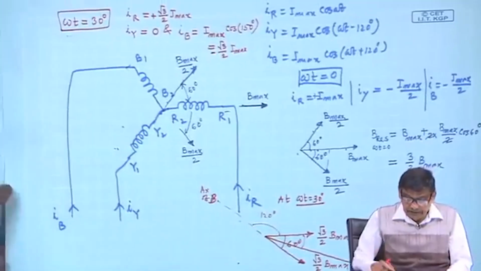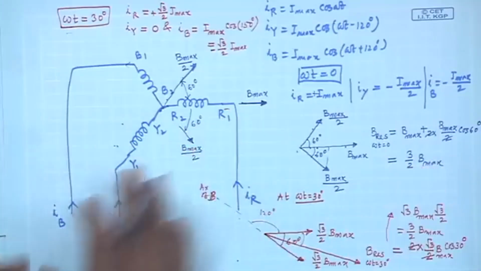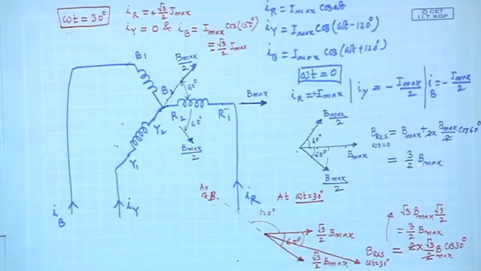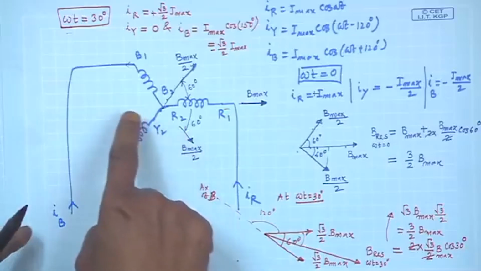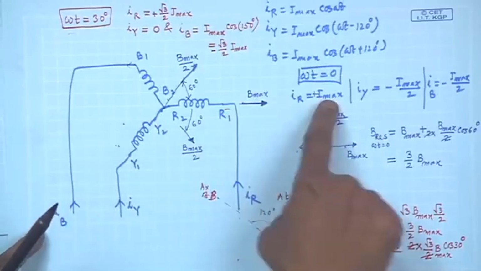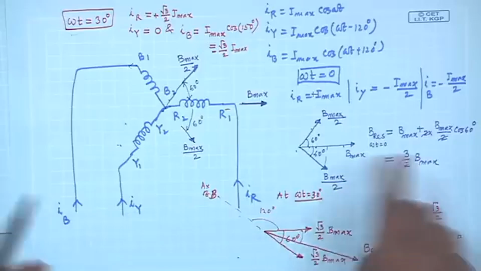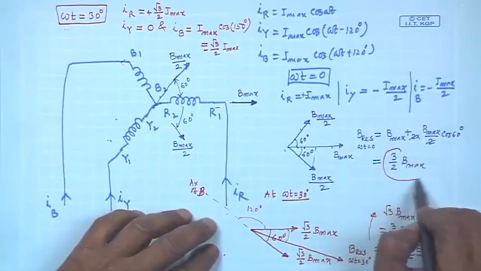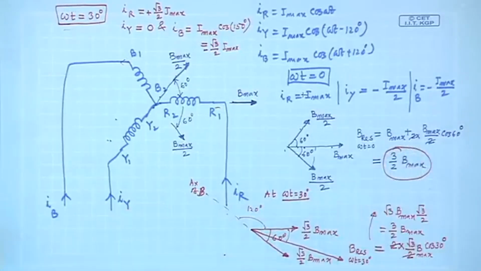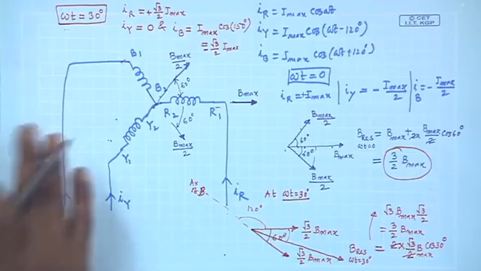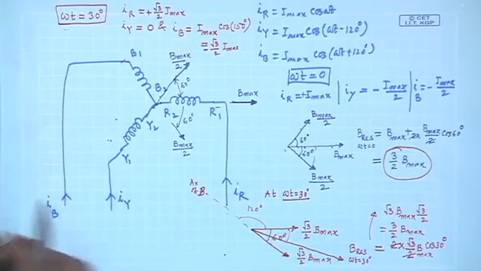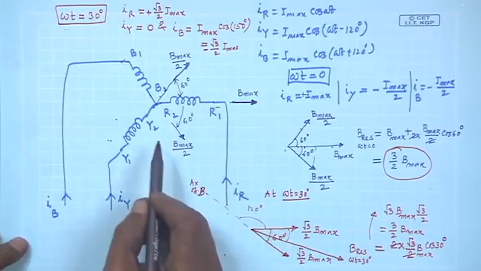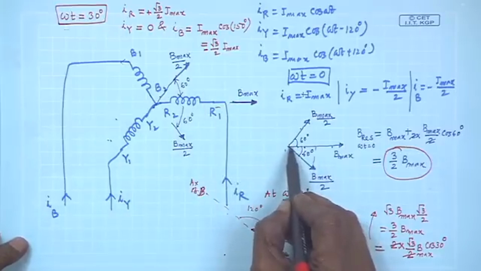So, what is the observation? Observation is these coils are carrying balanced 3 phase current. At omega t equal to 0, I noted my time. The resultant field was horizontal and its strength was 3 by 2 B max. Time passes, omega t becomes 30 degree and the resultant field then moves from this.